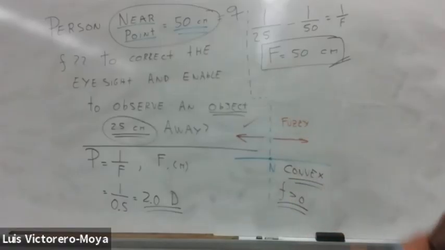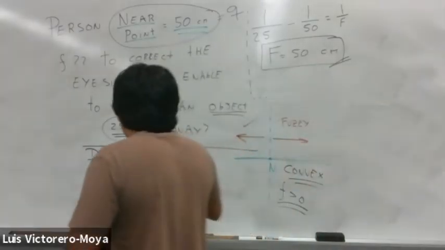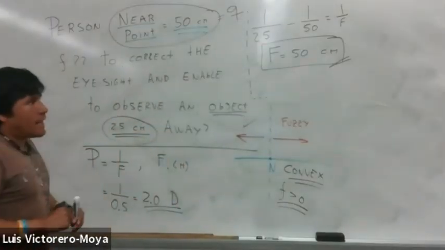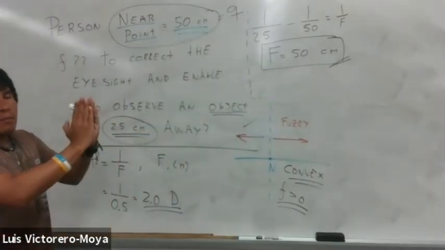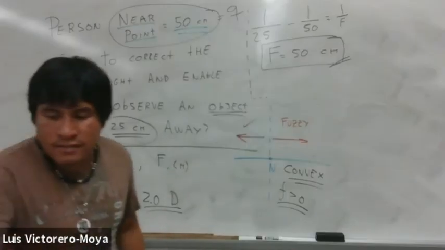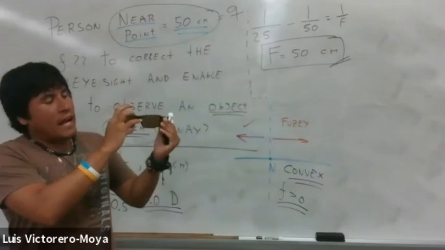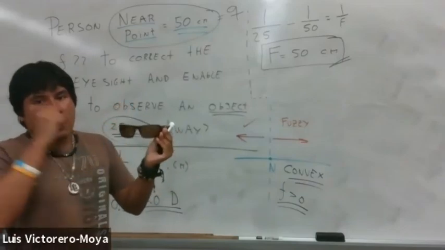But there is one little detail that we haven't taken into consideration. All this is good if we assume that the lens and the eye are basically next to each other. But if you wear lenses, of course, there's always a gap between the lens and your eye.